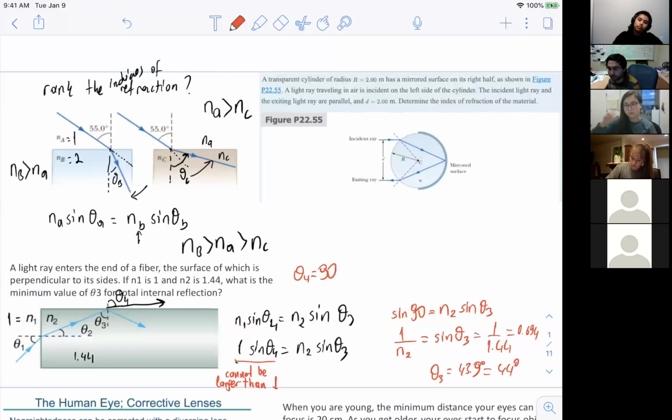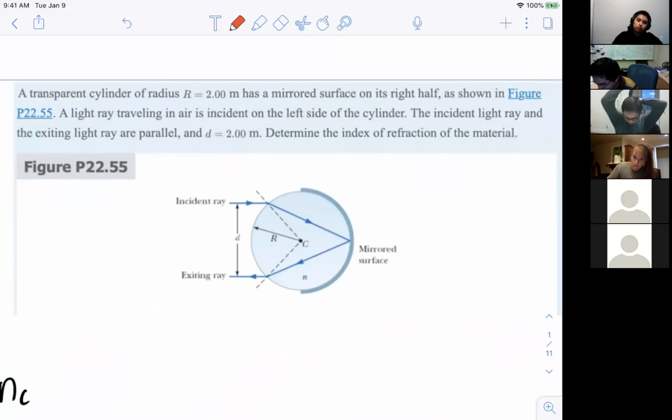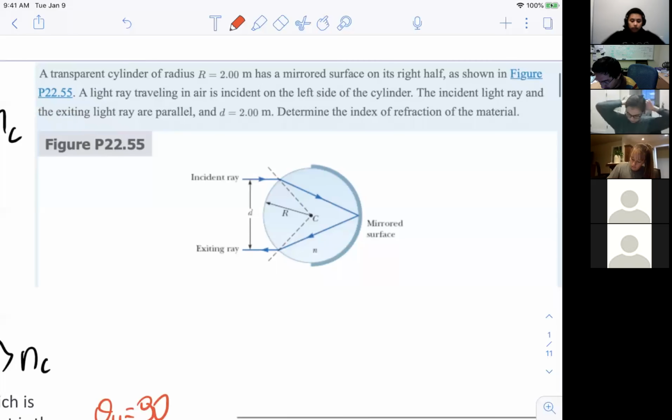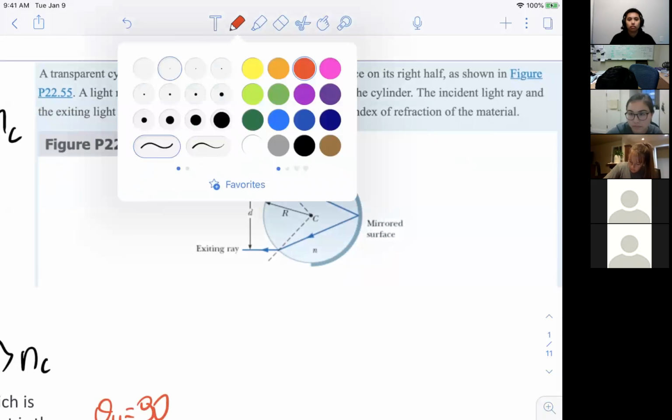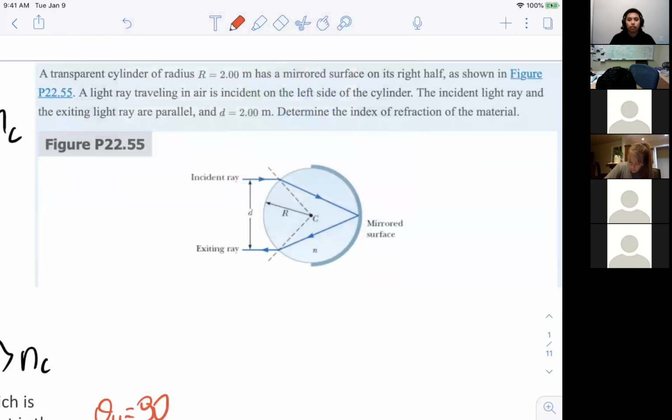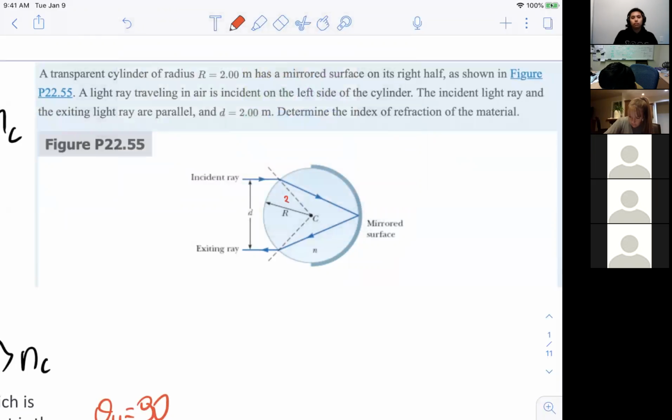Okay. So for the third problem, I have a transparent cylinder with radius 2 meters. So this is 2 meters. Let me make it smaller. The light ray travels in the air, is incident, reflects from the mirror, and exits parallel to the incoming incident light, and the distance between these two is 2 meters.